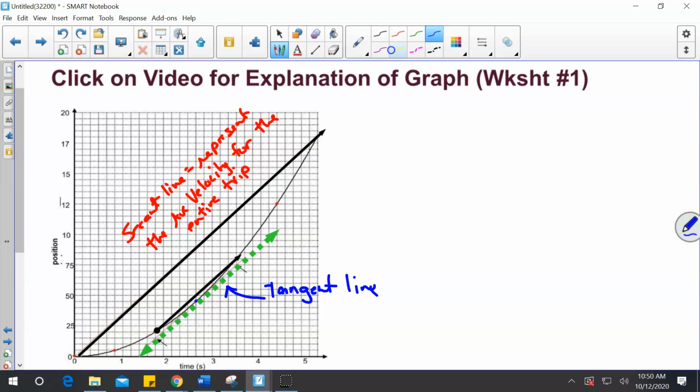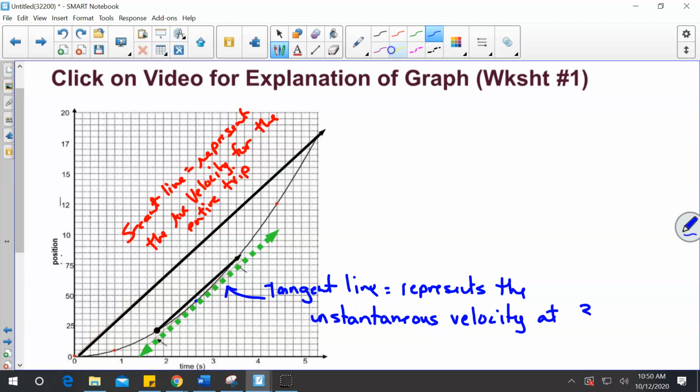So in other words, when it goes through just 1 point on that graph, and my 1 point is right there in the blue, okay? The tangent line represents the instantaneous velocity at, it would be 3 seconds in this case because it's going to be the midpoint of 2 and 4 seconds.